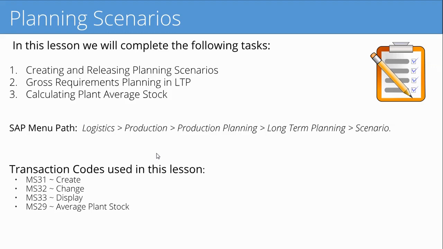You would first have to delete all of the data that is tied to it, and once you've reversed the release, then you can change it again. So very rarely, especially with long-term planning being simulation, do we ever do a change or even reverse it. It's usually much easier to just create a new planning scenario than to try to reverse one and change it.